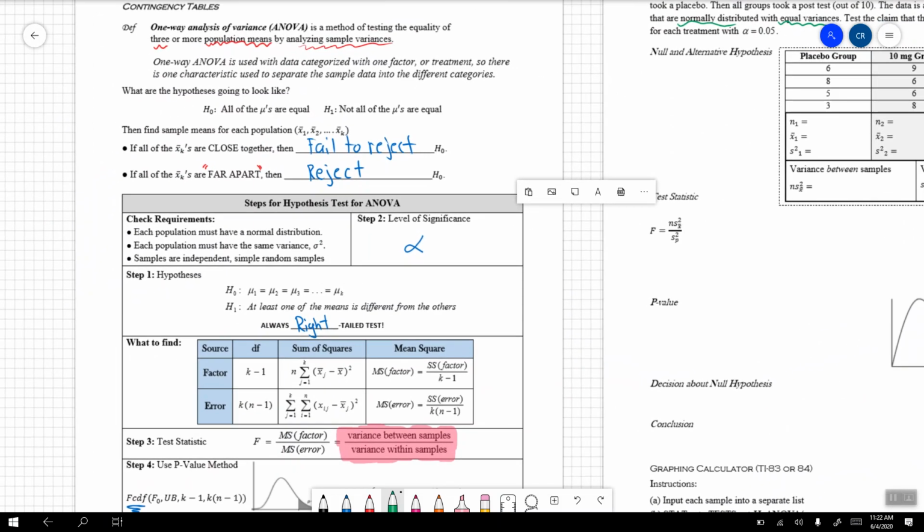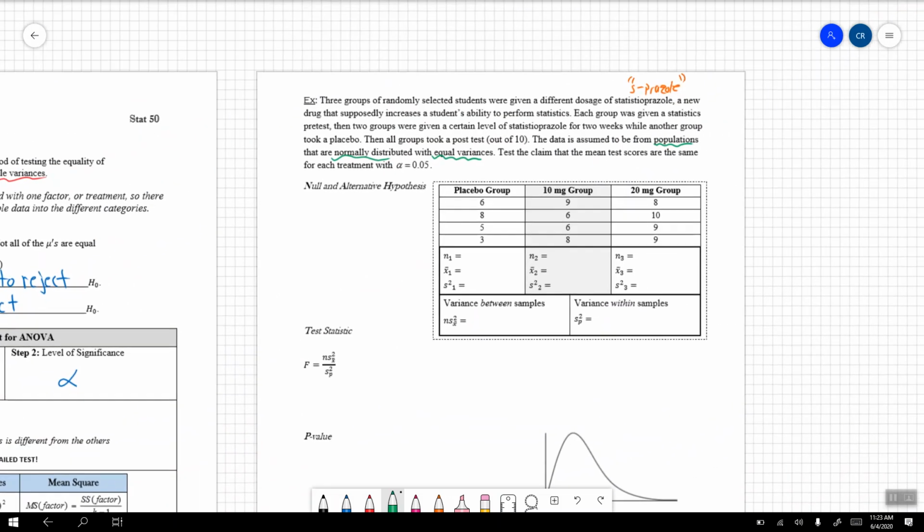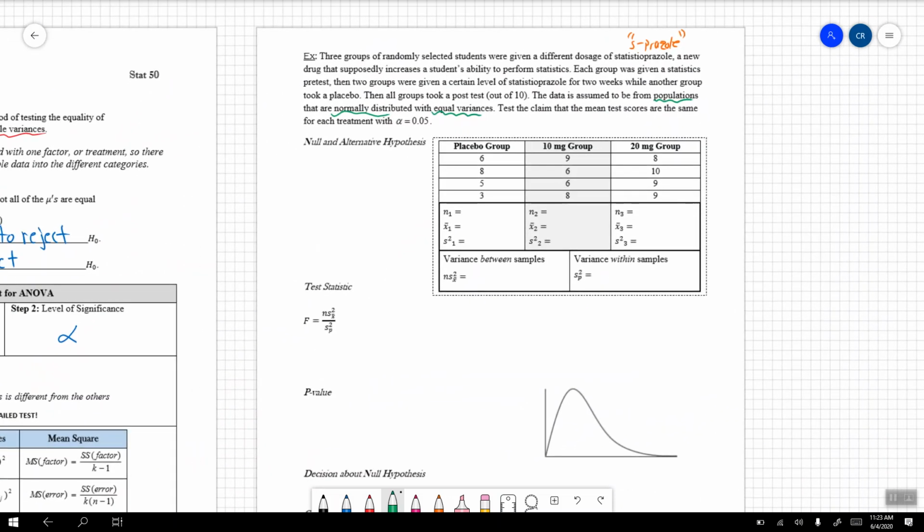If you notice with these requirements, we were asked to make sure that each population has a normal distribution and the same variance, and the samples are independent and simple random. Well, we just got 2 of them. The population is normally distributed and they all have equal variances. They also told us at the very beginning that the groups were randomly selected students, so we actually met all 3 requirements, which is really good.